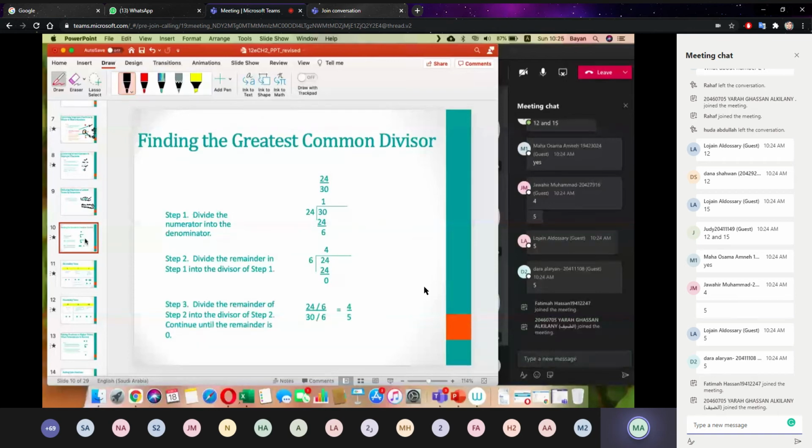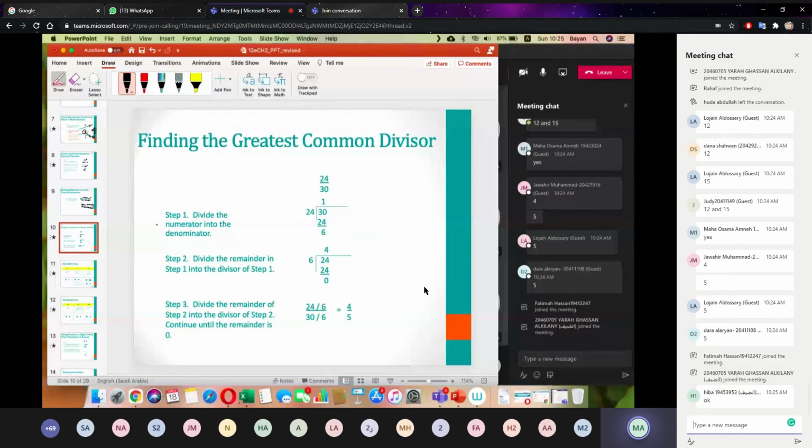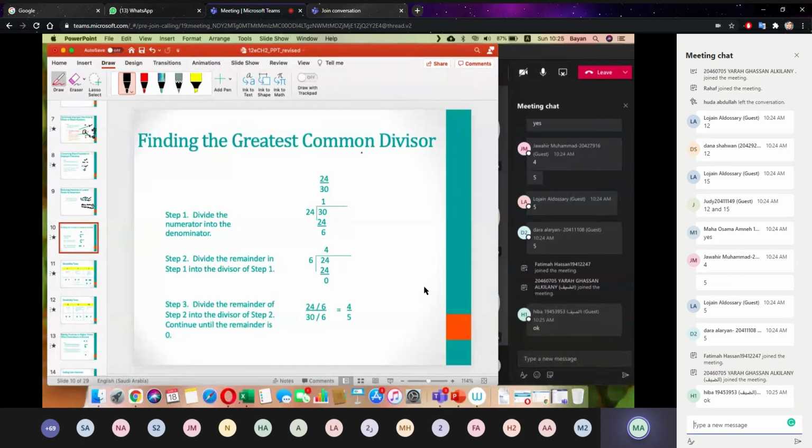Here we find the greatest common divisor. Here you're going to know why we choose number 6. Here we have 24/30. What should we do? We divide 30 by 24 to find the greatest common divisor. So here we have 24 and here we have 30.